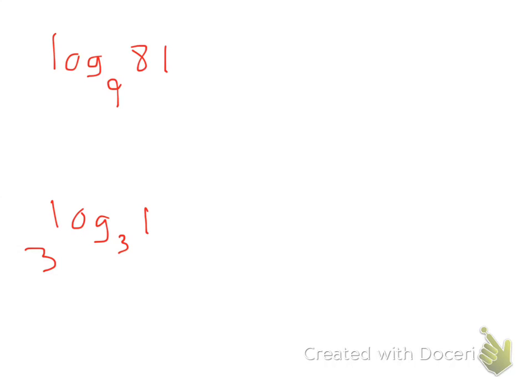You should maybe say, wait a minute, 81 can be of base 9 because it's 9 squared. If the bases are the same, they cancel each other out, leaving you with 2. That's it. So the log base 9 of 81 simplifies to 2, because that's the answer.